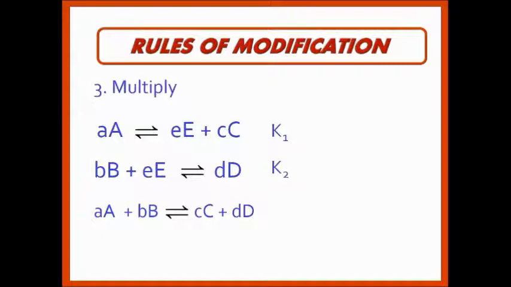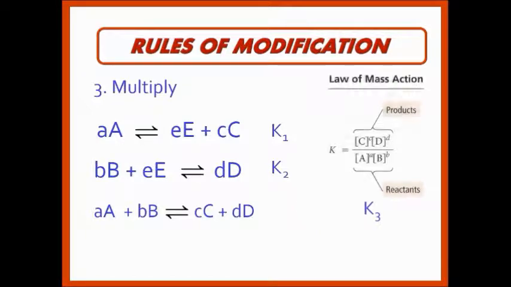So in this example, we know the values for K1 and K2. So we call the equilibrium constant that we are trying to determine the equilibrium constant for the goal chemical equation, which in this case is going to be termed K3. Recall that K3 should be equal to the expression shown above for the law of mass action of the goal chemical equation.